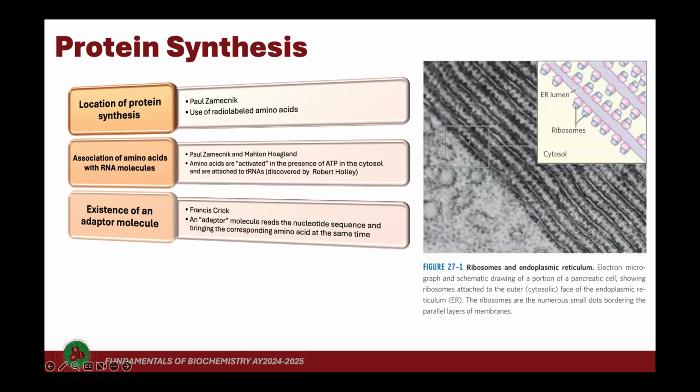And if you notice, there are dots lining these fiber-like structures. Those dots are the ribosomes, and they are giving off the signal. So this only shows the rough endoplasmic reticulum with the ribosomes attached to it.